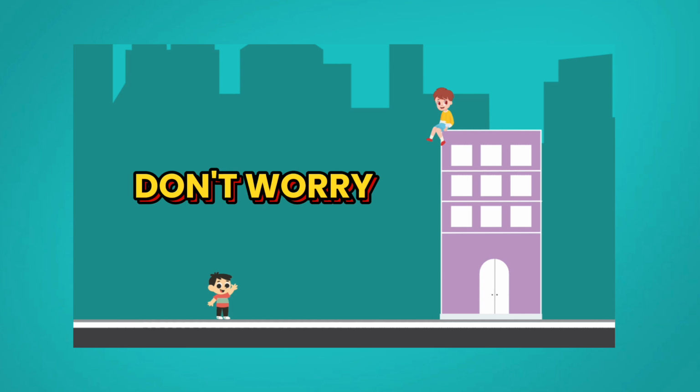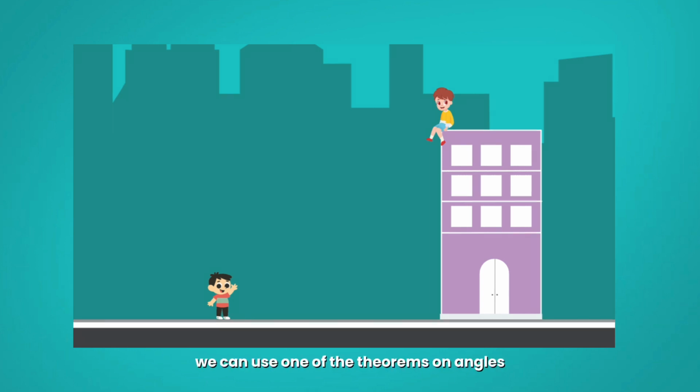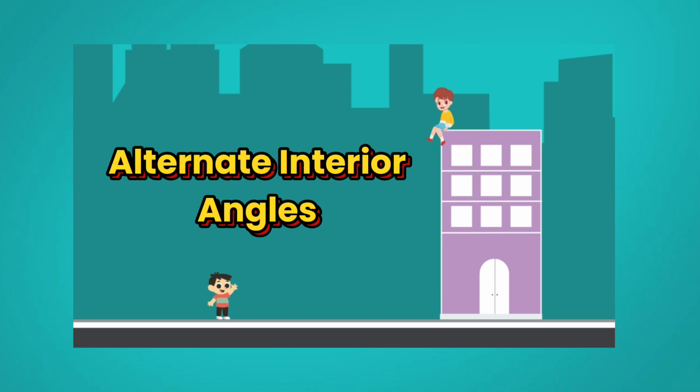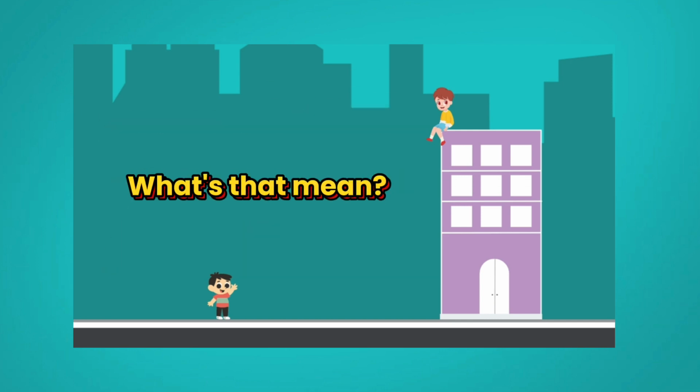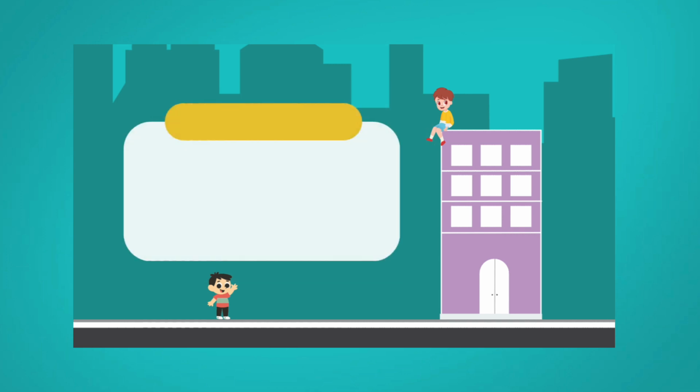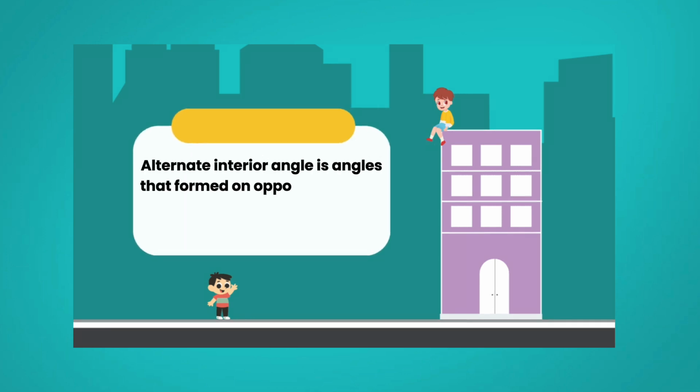But don't worry, we can use one of the theorems on angles, that is alternate interior angles. So what are alternate interior angles? Alternate interior angles are angles that form on opposite sides of a transversal and inside two parallel lines.